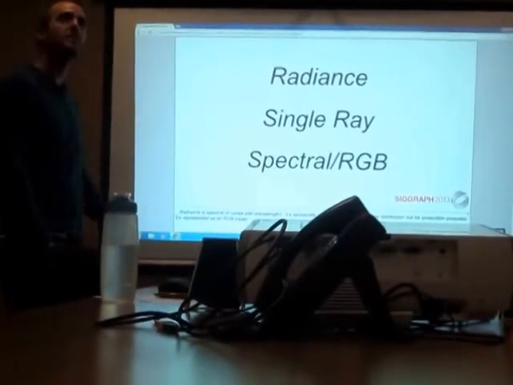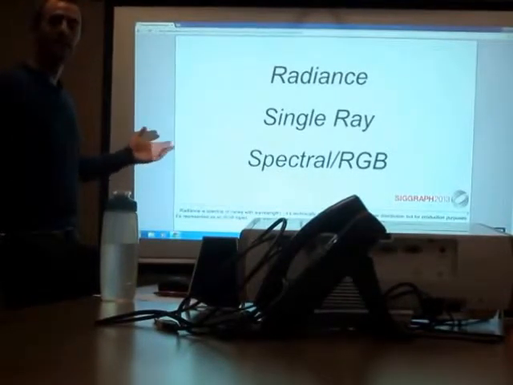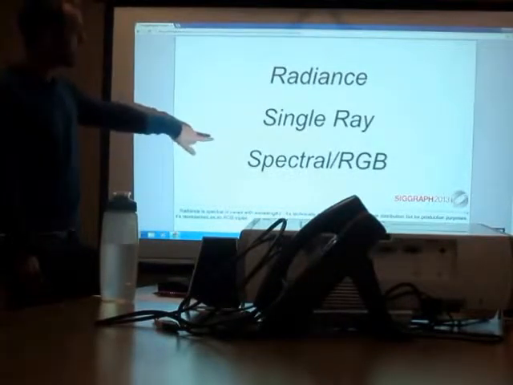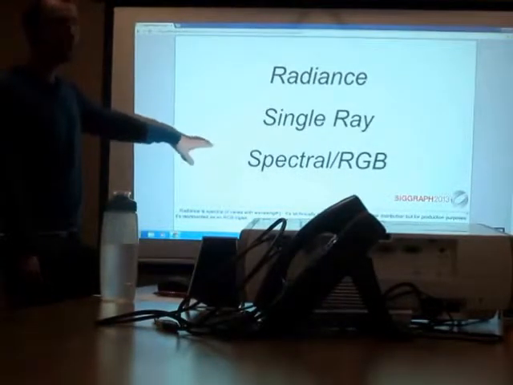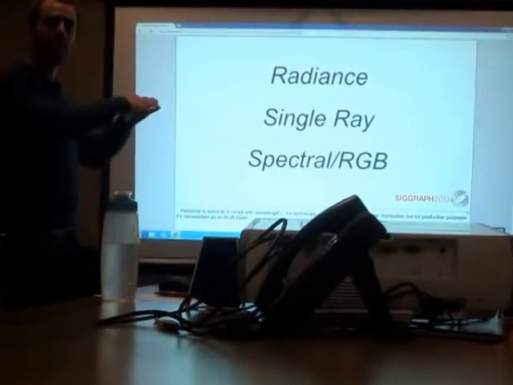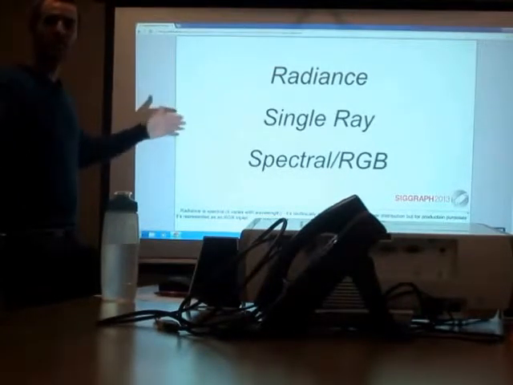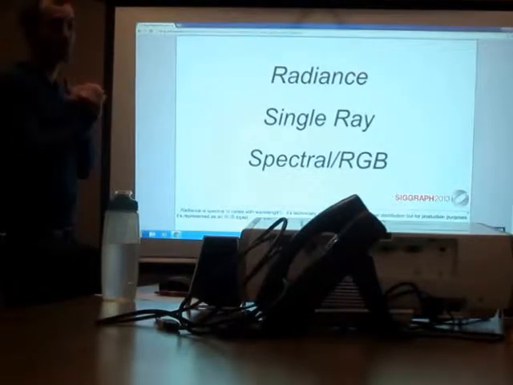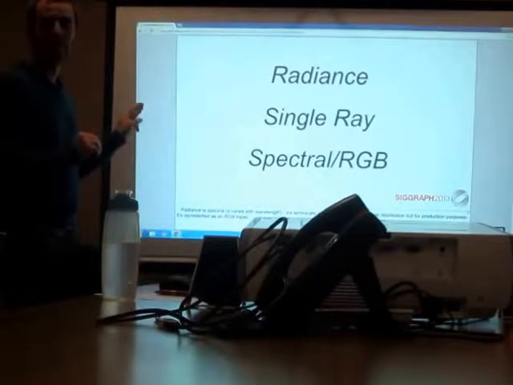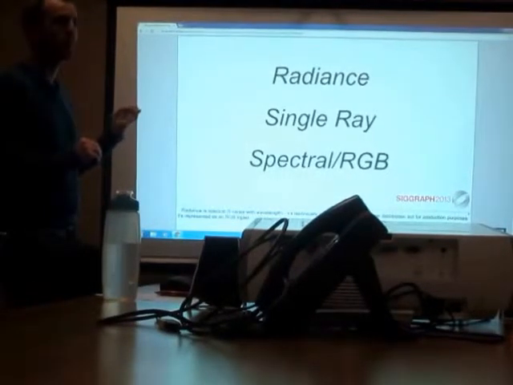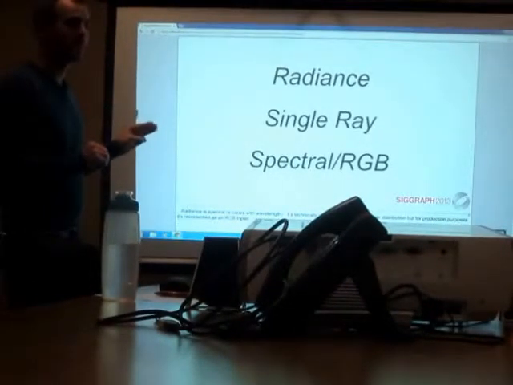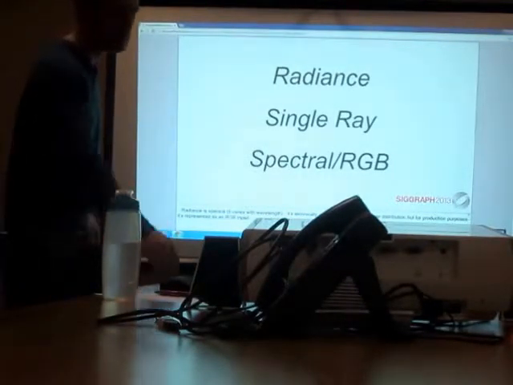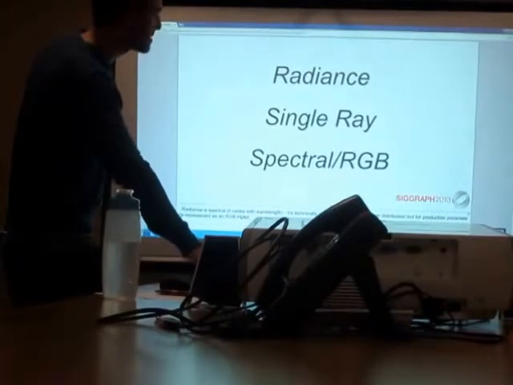Obviously you can have orange light or red light or green light, so the color of the light matters, and all of these properties are spectral, which means they cover the entire spectrum of wavelengths, not just the red, green, and blue. But for the most part, we simplify everything by just saying how much red, how much green, how much blue is in this lighting term, and we just worry about those components individually. That really simplifies things, and for most things, that's a fair simplification.